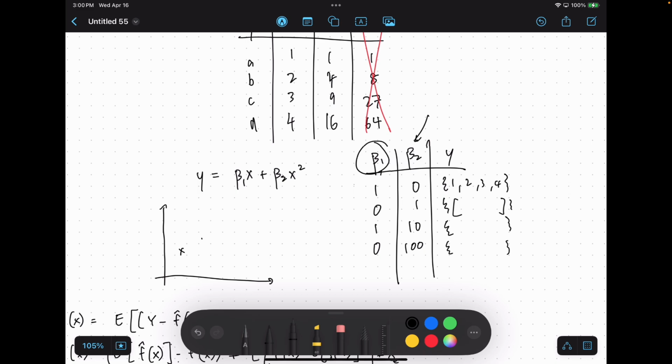So if I had points on a line, then it is possible for me to intersect all of those points in a straight line with just one variable, right? Could I do it with 2 variables? Yeah. Right, because then I would just set my beta 2 to 0, right? Okay.